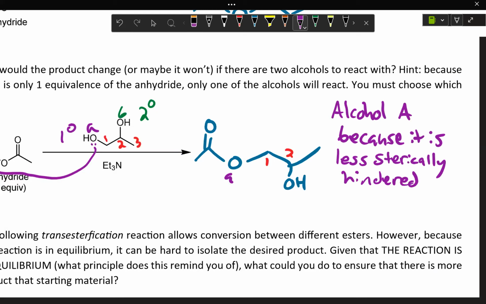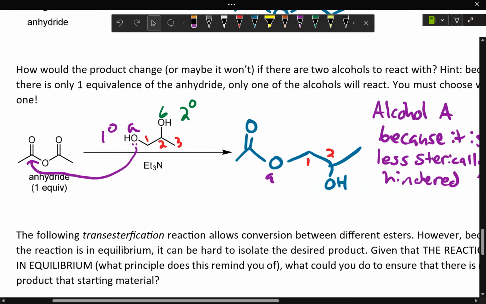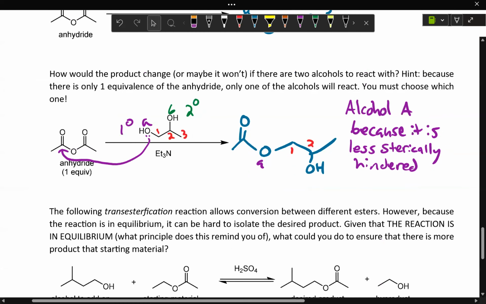So that is why alcohol A is going to be added as opposed to alcohol B. And this is important because a lot of times if you have a dialcohol group, you can use an anhydride as a protecting group for the least sterically hindered oxygen. So that's why that reaction is important. The anhydride is going to react with the less sterically hindered alcohol, and that's usually used to act as a protecting group.